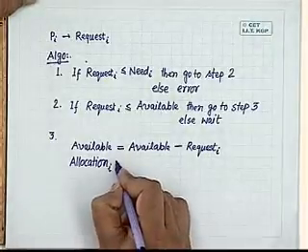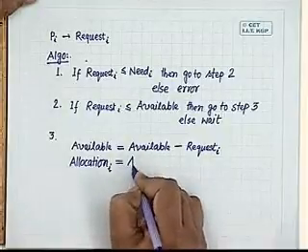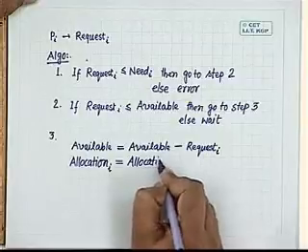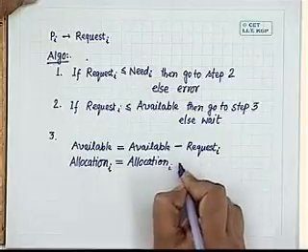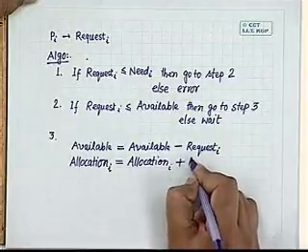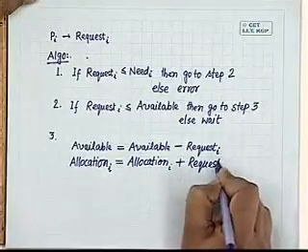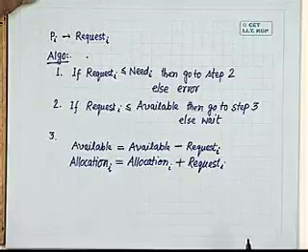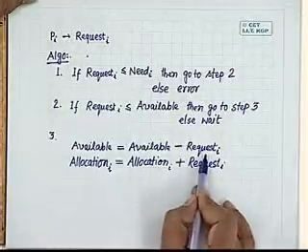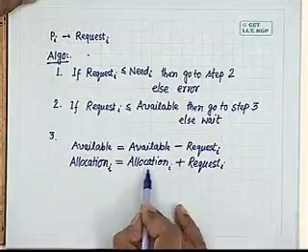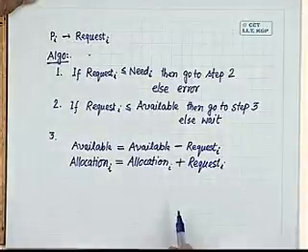So allocation I will be allocation I plus request I, because the request is apparently made, so the corresponding elements in the allocation will also be increased.